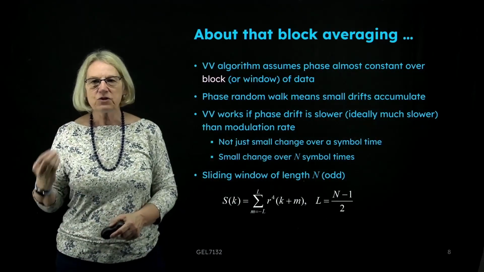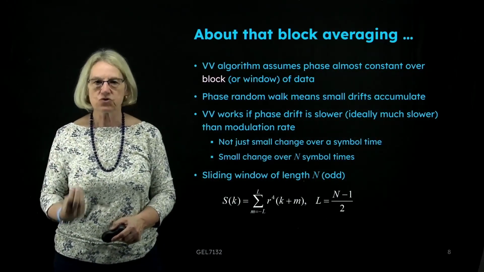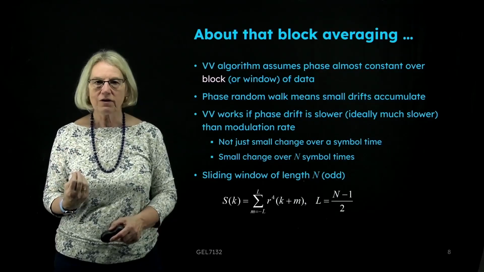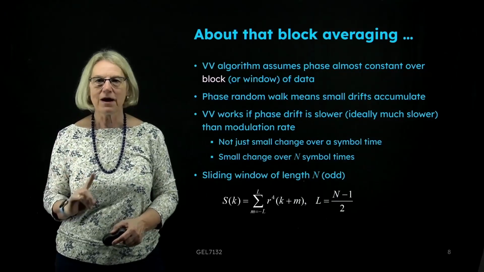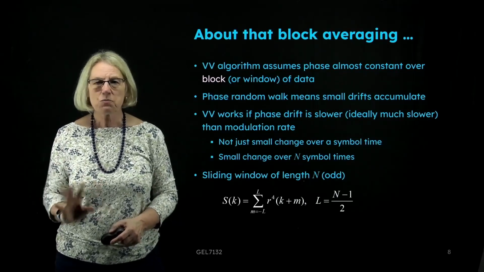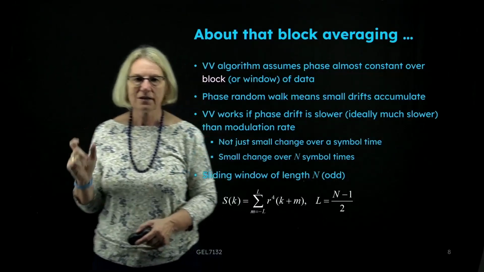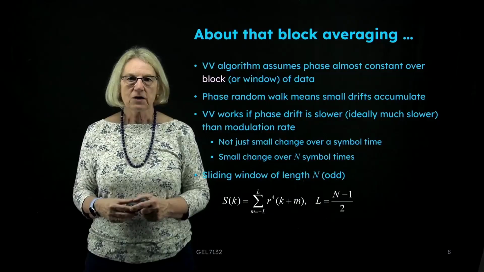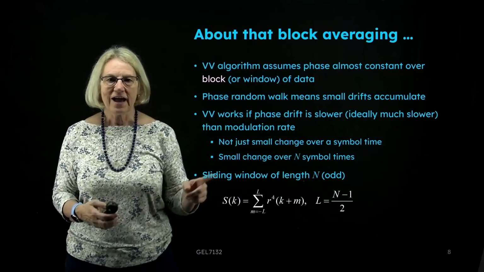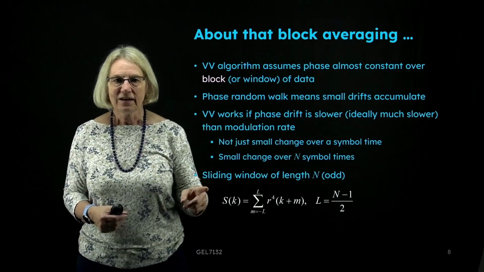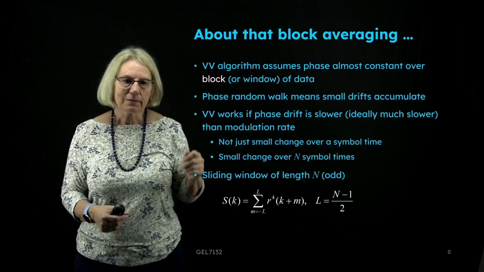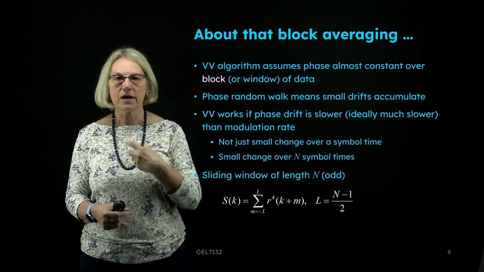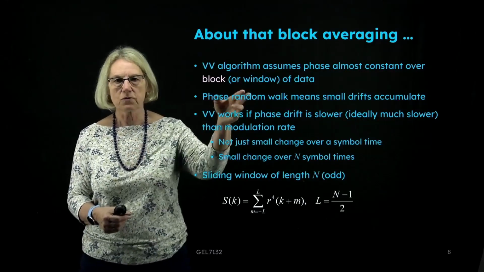So Viterbi-Viterbi only works if the phase drift is slower, ideally much slower, than the modulation rate. Not just smaller over a single symbol period. It's got to be smaller over a block of symbol periods, because we're going to be doing averaging in order to try and eliminate the noise, which is hiding from us the value of that supposedly constant phase.